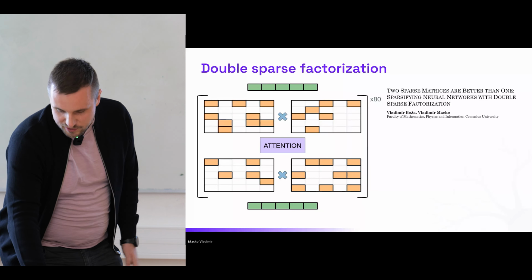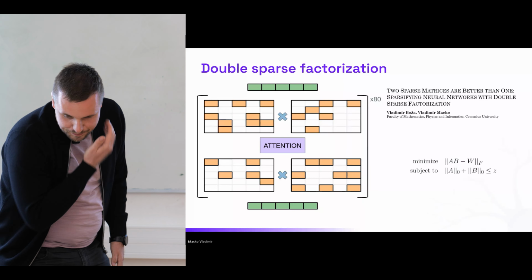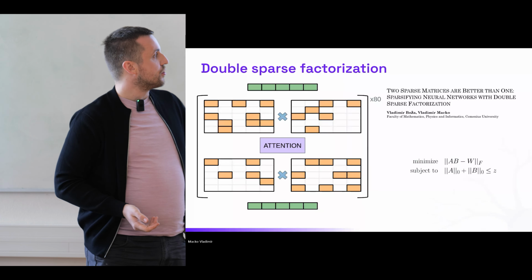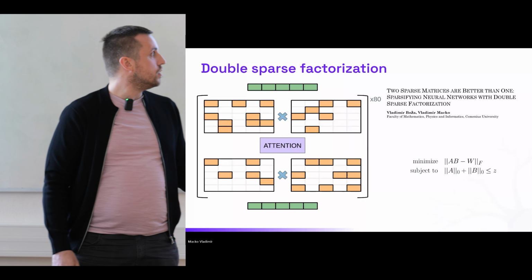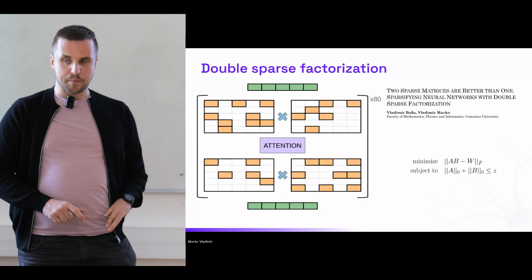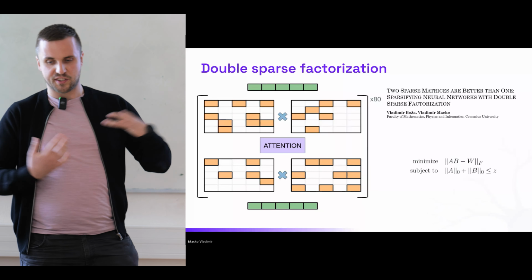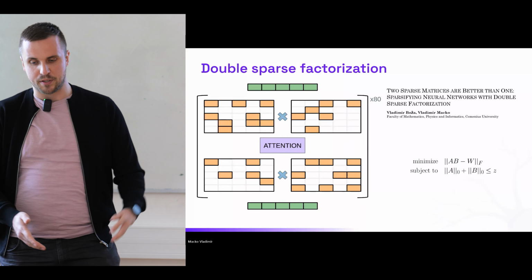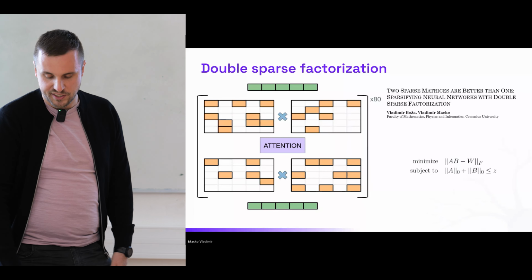Again, if you don't like math, close your eyes, but this will be much more gentle. So what do we want to do now? We want to take the original parameter matrix W and find two matrices A and B whose product is as close to W as possible and whose number of non-zero elements is kept by some constant Z, or our desired sparsity.